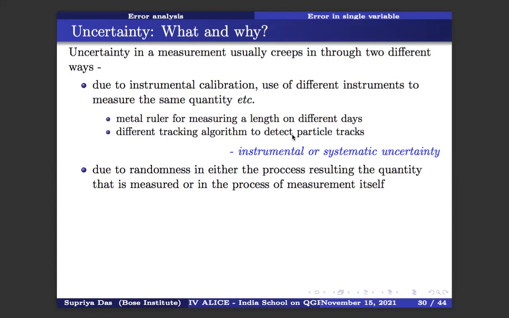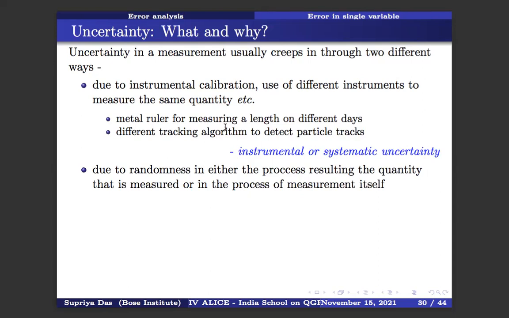For example, the same ruler is used by different people. That means the way one person looks at the graduation on the scale is slightly different from another person. Somebody may have a parallax. If you employ 100 people to measure the same length with the same ruler, some will measure it a little higher, some a little lower.